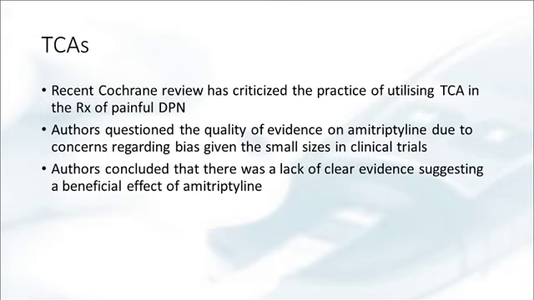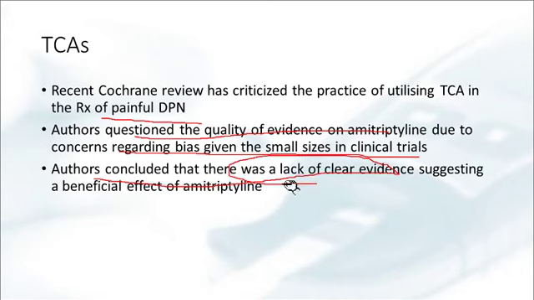Right, when it comes to tricyclic antidepressants, recent Cochrane reviews have criticized utilizing tricyclic antidepressants in the management of painful diabetic peripheral neuropathy. Authors have questioned the quality of the evidence on amitriptyline due to concerns regarding bias given the small sample sizes that were used in the clinical trial, and the authors concluded that there was a lack of clear evidence suggesting the benefit of using amitriptyline in these patients.